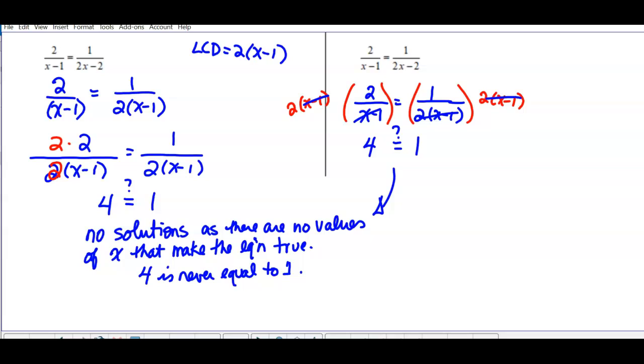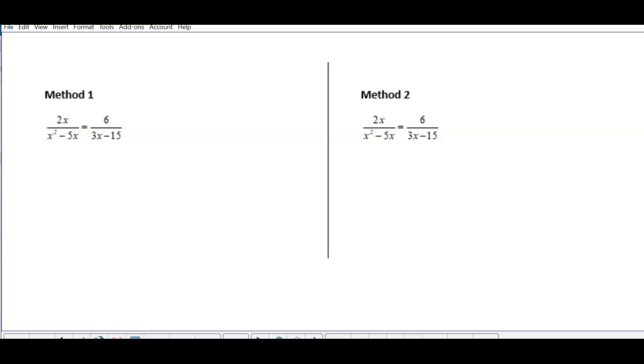And then the last one, I think it's the last one. Same thing, factor those denominators first. Hopefully there's some common factors. And reduce.